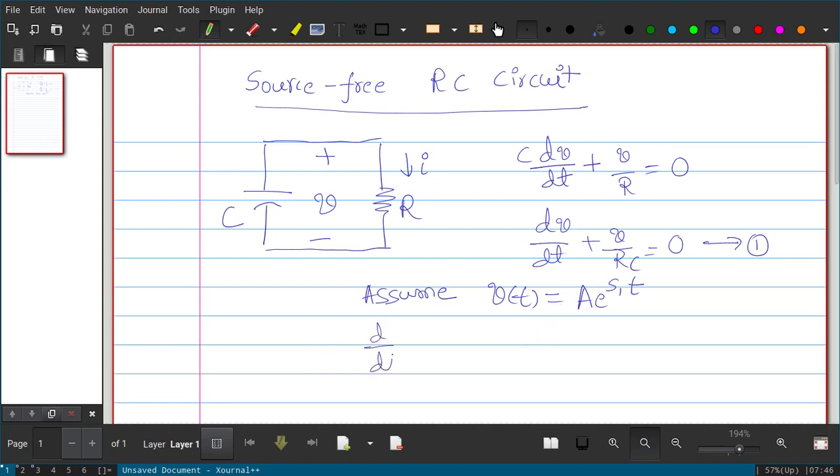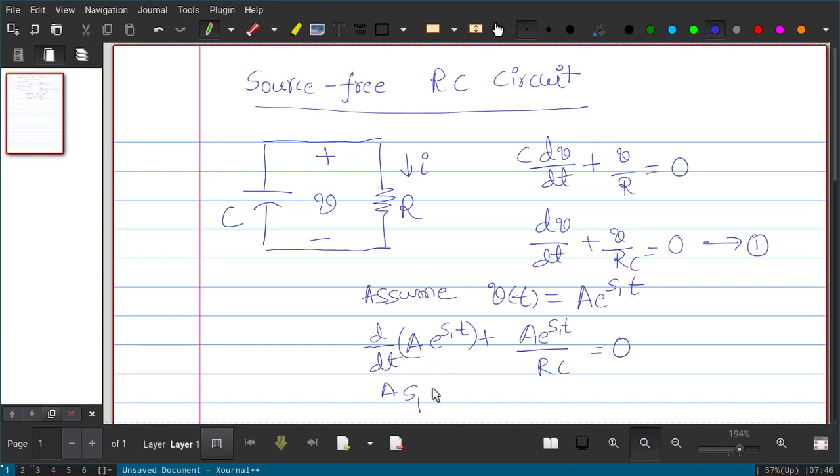So d by dt of A e power s1t plus A e power s1t divided by RC equals 0. If you differentiate, A stays outside and s1 is a constant, so A s1 e power s1t plus 1 by RC A e power s1t equals 0.